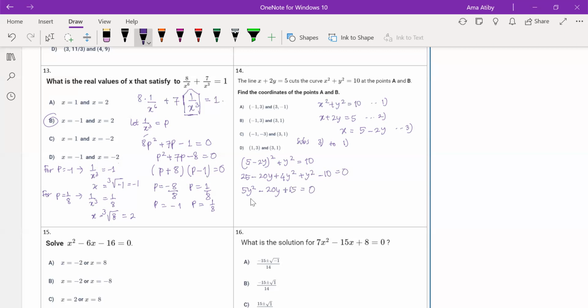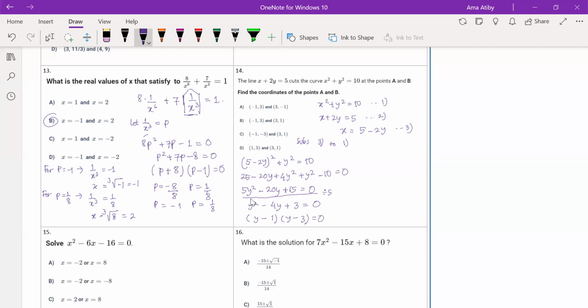Then I would like to simplify this by dividing this equation by 5, and then I will get y squared minus 4y plus 3 equals 0. And then with factoring, I will get (y minus 1) and (y minus 3) equals 0.